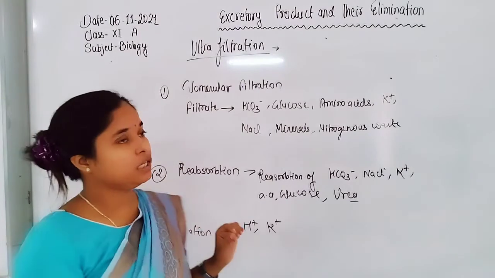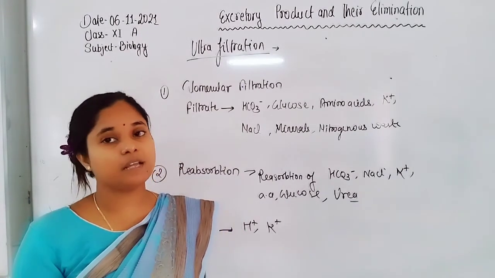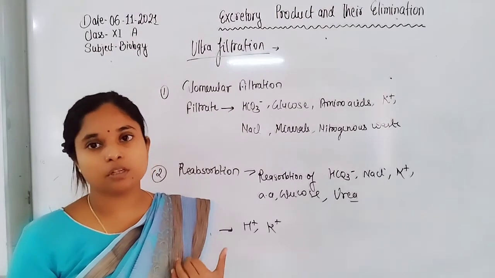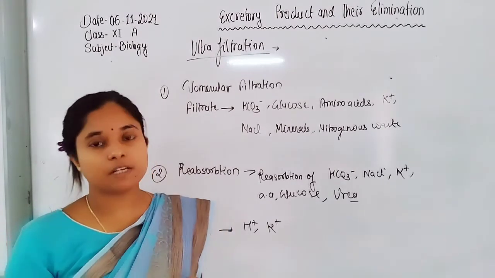Now the renin-angiotensin hormone also functions in urine formation. Renin functions as a vasodilator.